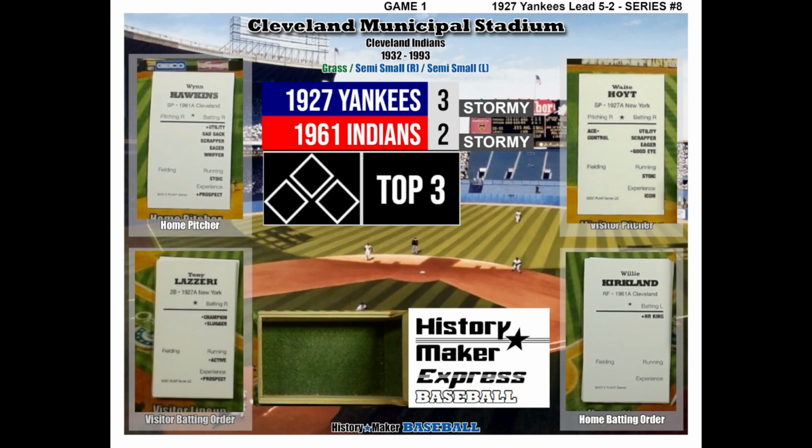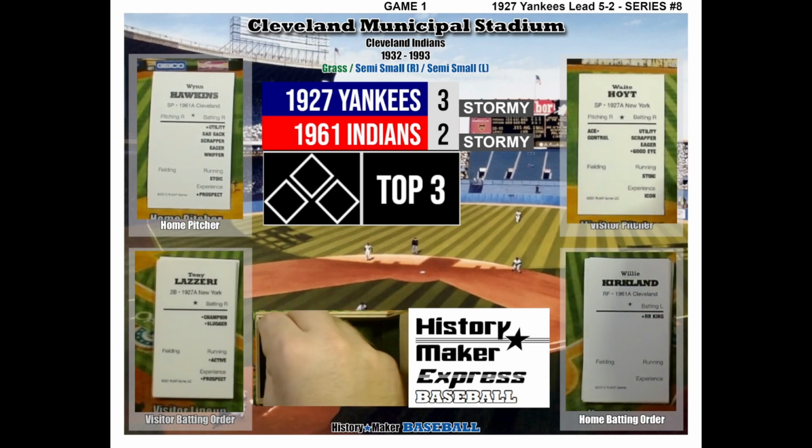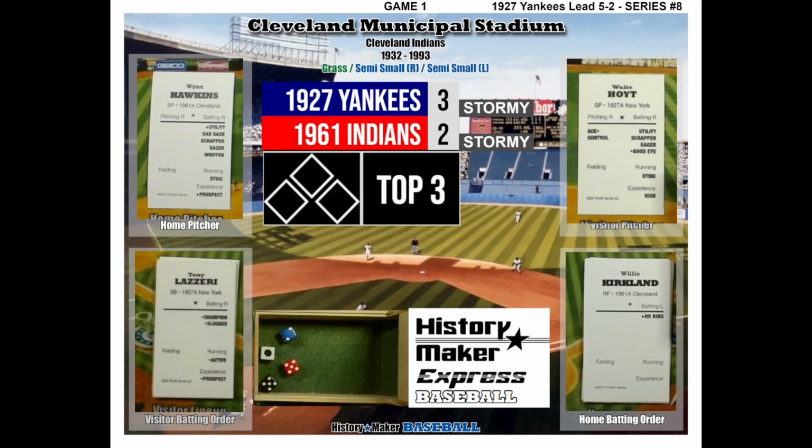We head to the top half of the third, and Tony Lazzeri will bat against Win Hawkins. Triple fives. So that is going to be another experience check. Since I touched the blue die, we will roll that die. And we have a 2 on the blue die, and it reads, is Tony Lazzeri a prospect batter?